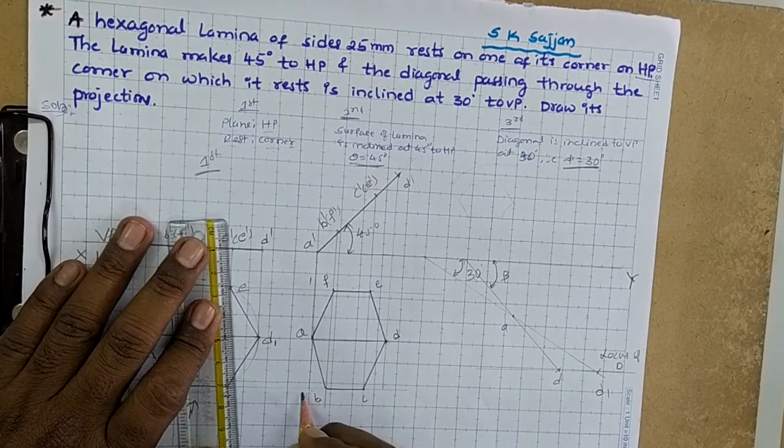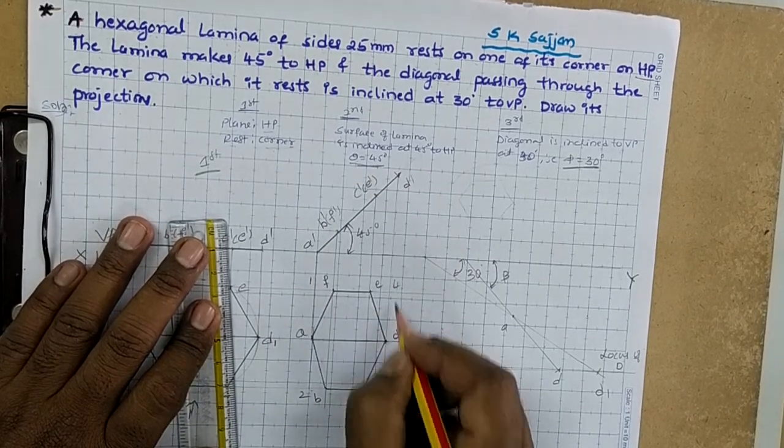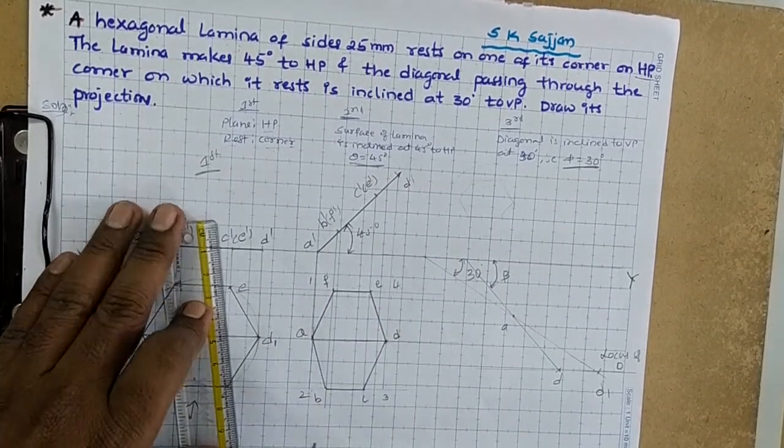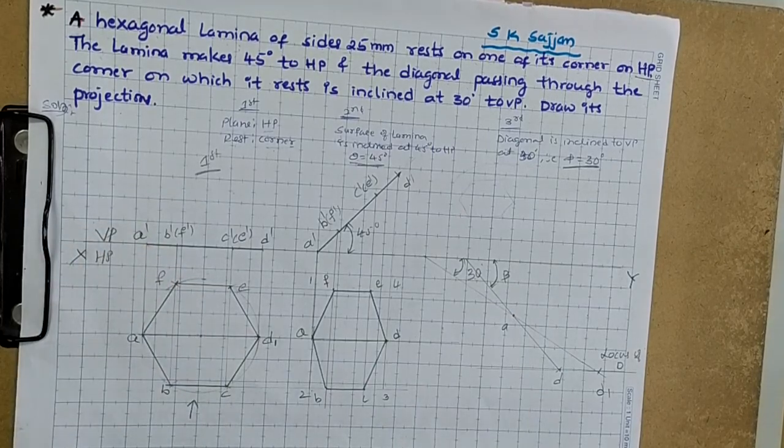This is 1, 2, 3 and 4. This box looks like a rectangle. Draw this rectangle.